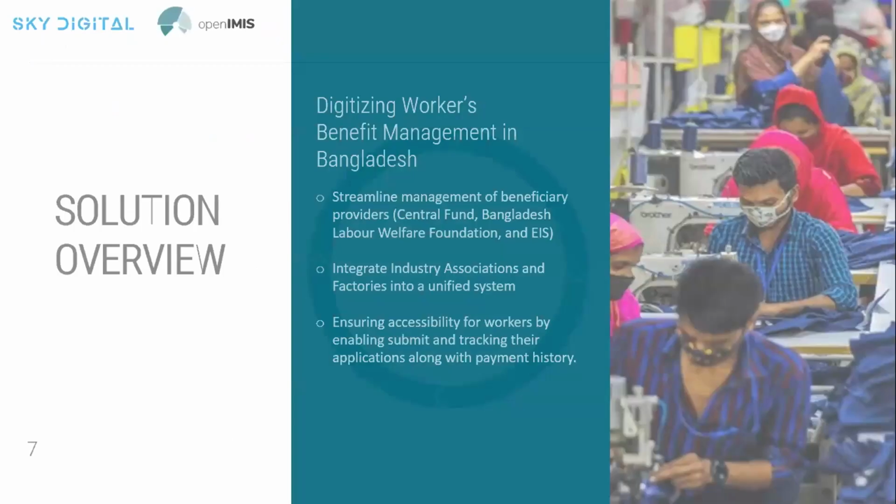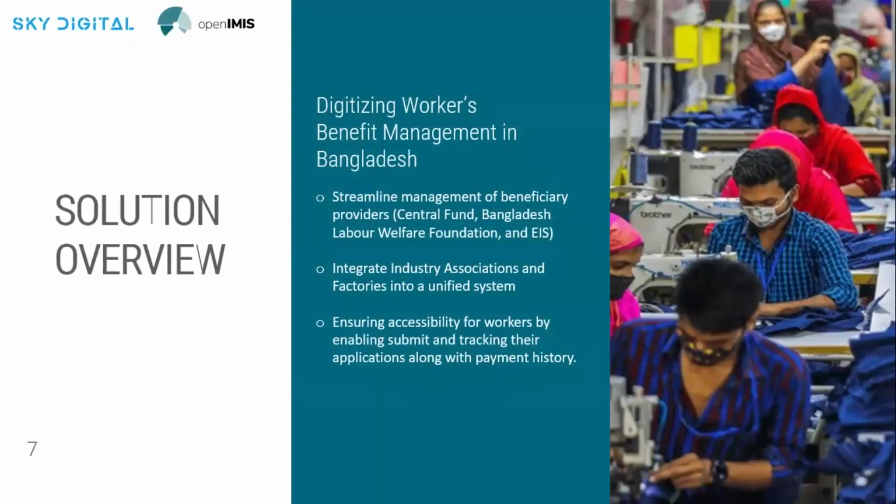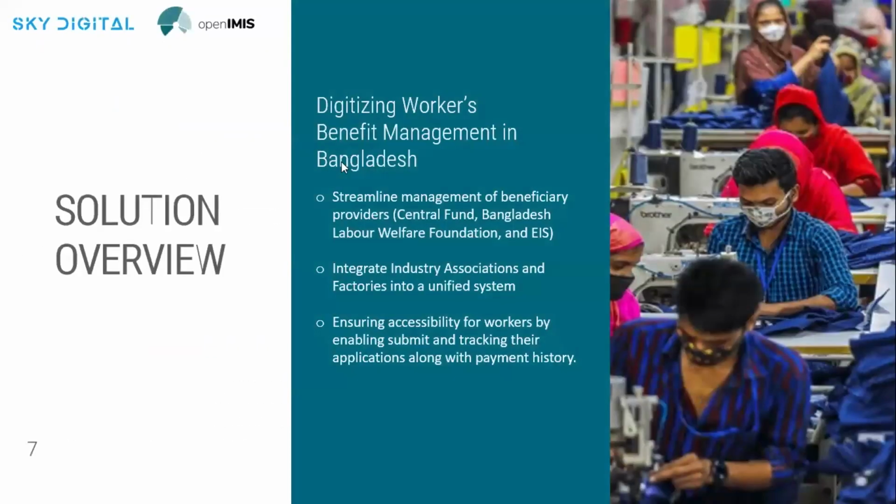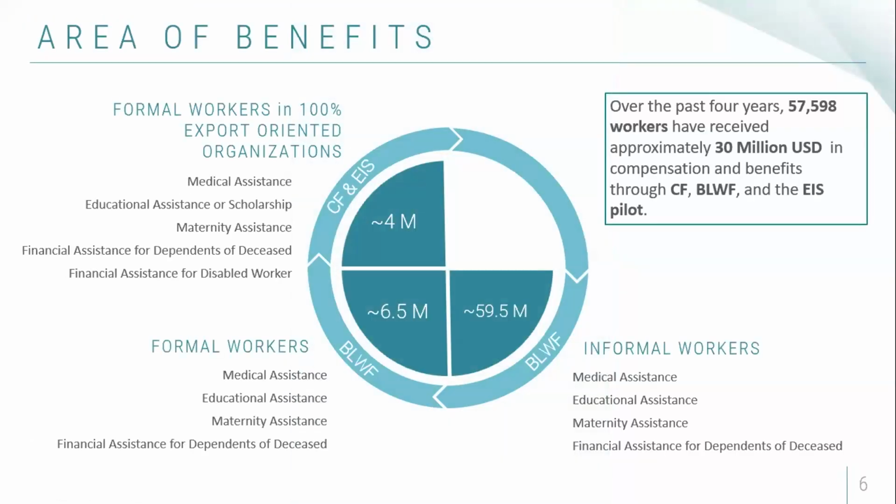So what we have done, we have introduced an online-based application system through which they can apply for medical assistance, educational assistance or scholarship, maternity assistance, financial assistance for dependents of a deceased worker, and financial assistance for a disabled worker.